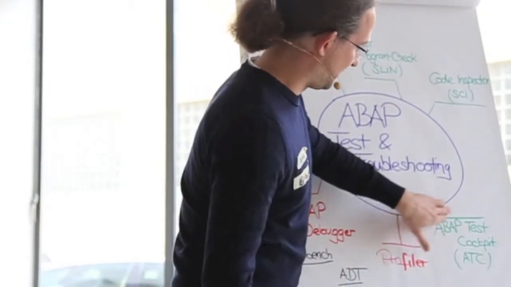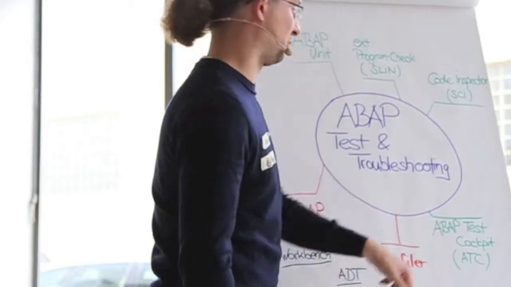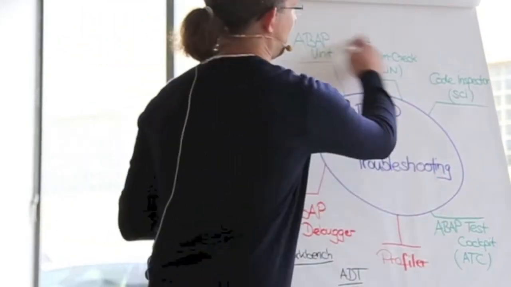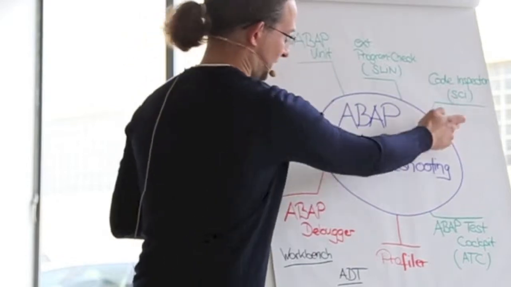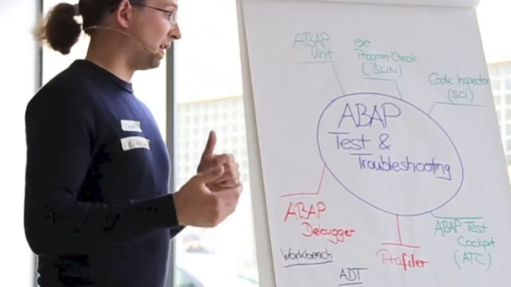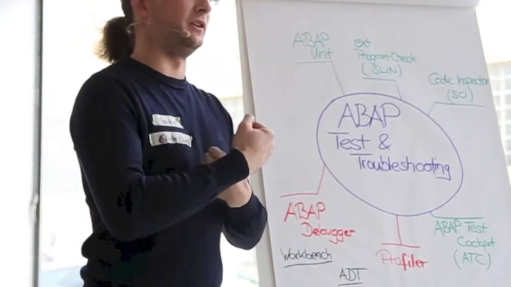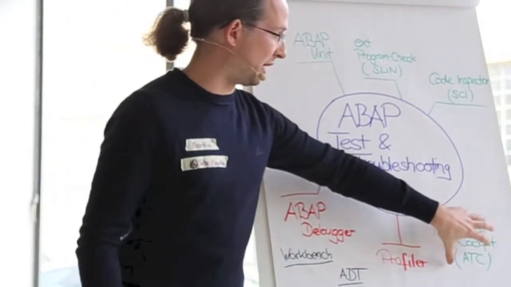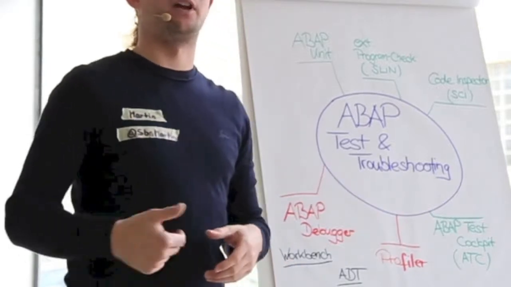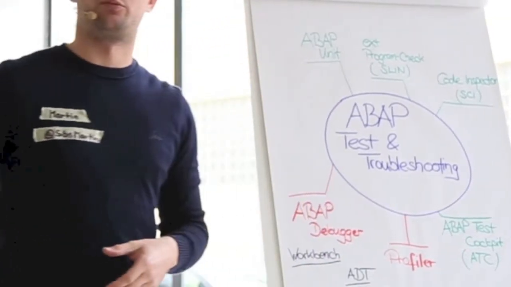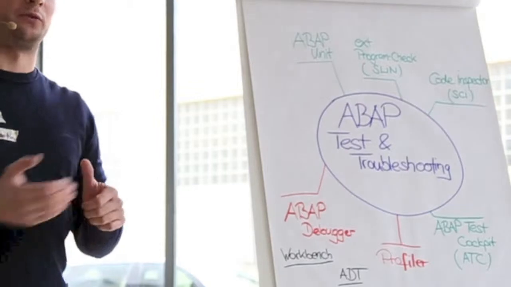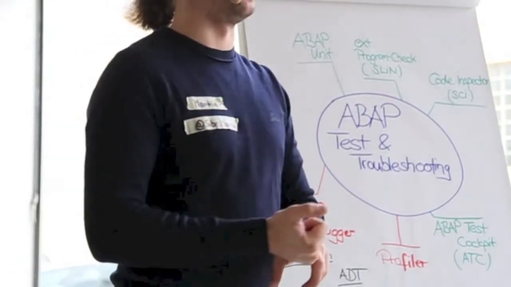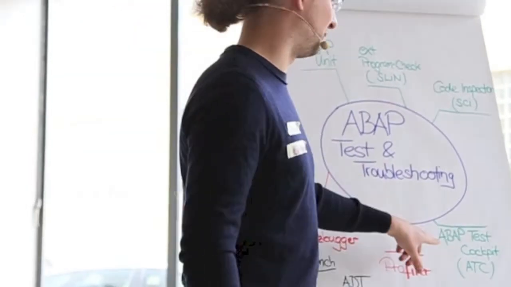The last one is the ABAP Test Cockpit. The ABAP Test Cockpit is on top of those three. It combines them by adding the continuous integration thought. You can plan jobs in the background, running every night, and every project is checked. You can do it for single projects, or in mass for the whole system if test cases are defined.